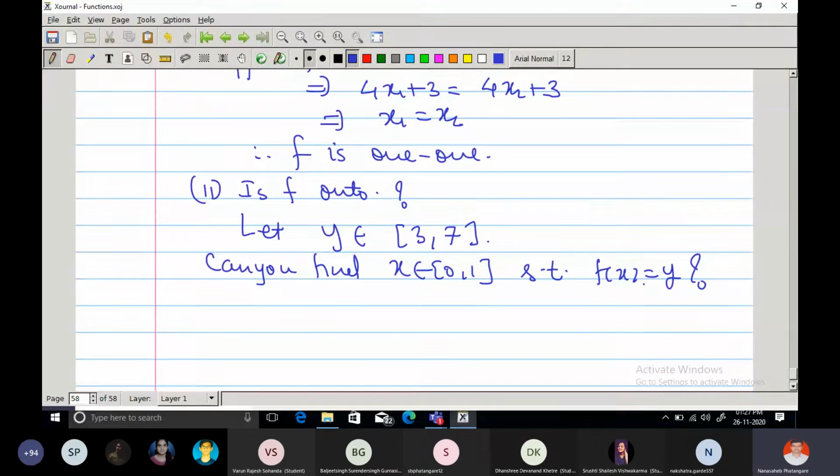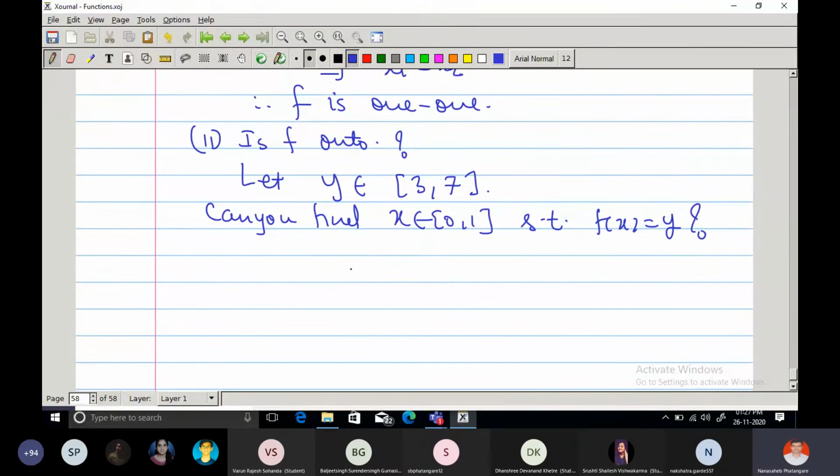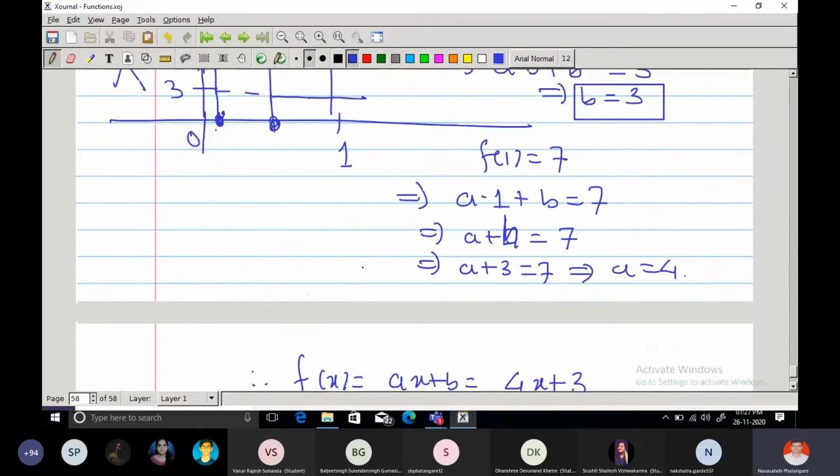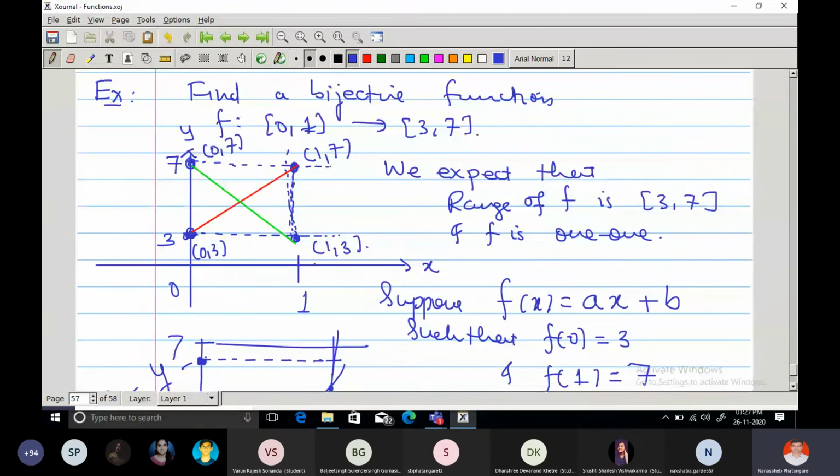And just look at this function, the red line. Forget about the yellow line and green line. Just look at the red line. Is it the graph of an onto function? Yes. You choose any y from the codomain. This is x in the domain. f of x is equal to y, and the corresponding point on the graph is (x, y).